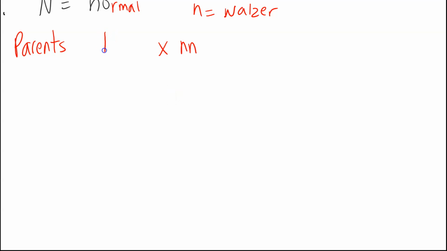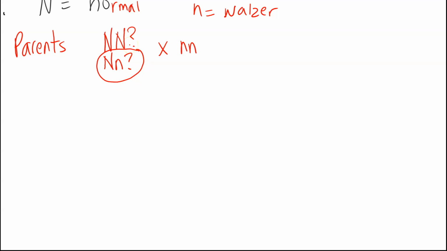Is it big N, or is it going to be big N, little n? Okay, so in order for you to have 50% of the offspring being Waltzer, and not most of them being normal, I'm going to assume that the parent is going to have this genotype.